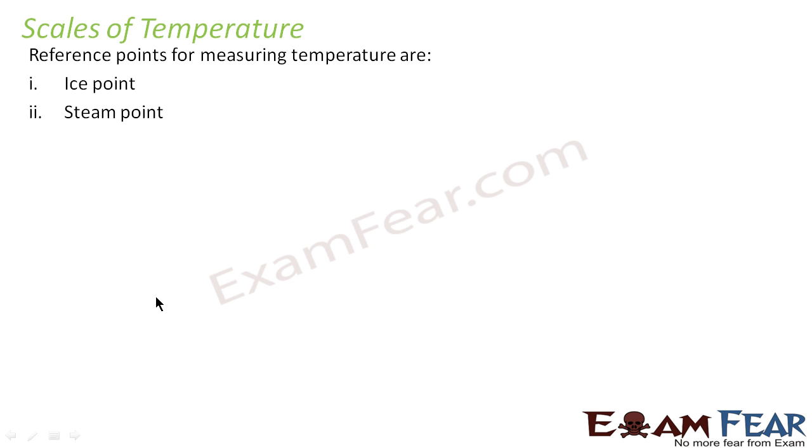Ice point is nothing but the freezing point, that is the temperature at which pure water freezes. So what is ice point? Ice point is nothing but the freezing point, that means the temperature where pure water freezes. And what is steam point?